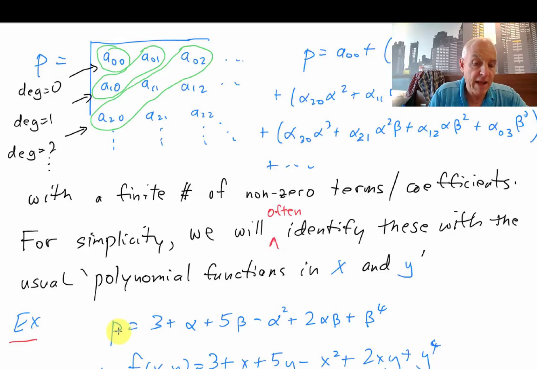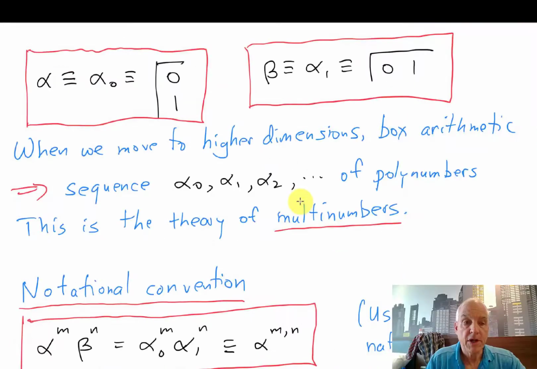The polynumber's name is just p, and this is what it is. But it corresponds to what more traditionally would be called a polynomial function, say f of x and y, where we just replace the alpha with an x and the beta with a y. So then what are these alphas and betas officially?